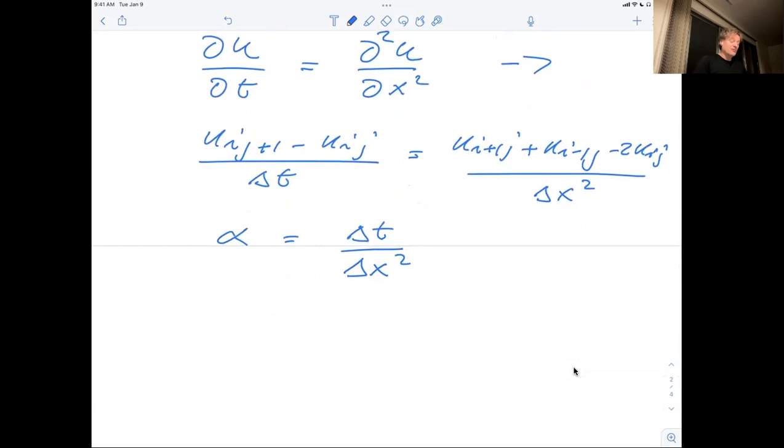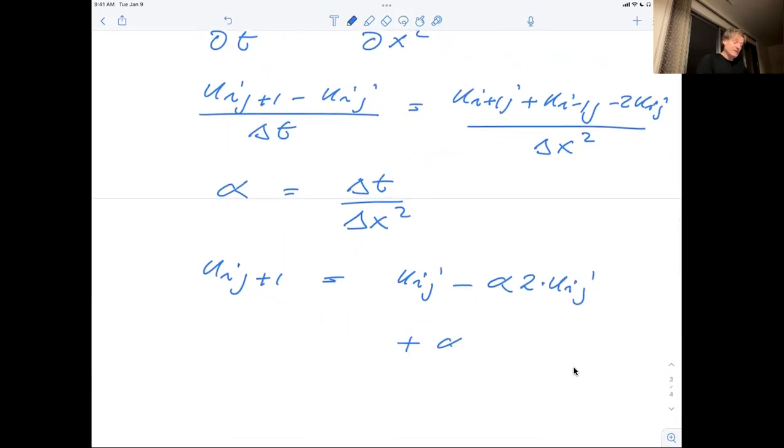So I can now rewrite the equation, and I will isolate u of i j plus 1, and this is going to be given by u of ij, minus 2 alpha times u of ij, and then we have plus alpha of u of i plus 1 of j plus alpha of u of i minus 1 of j.